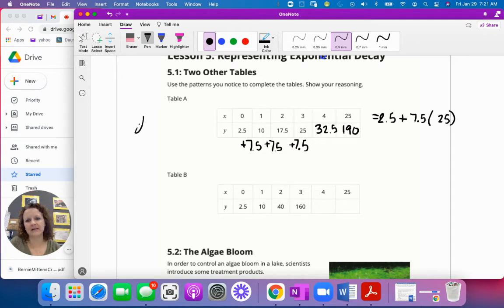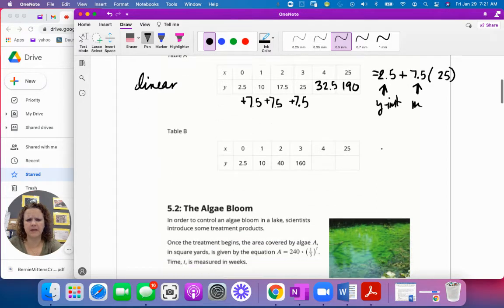Okay, this is linear. Very important that we know. When I add the same amount each time, I'm linear. In essence, this is my slope. And this is my y-intercept.